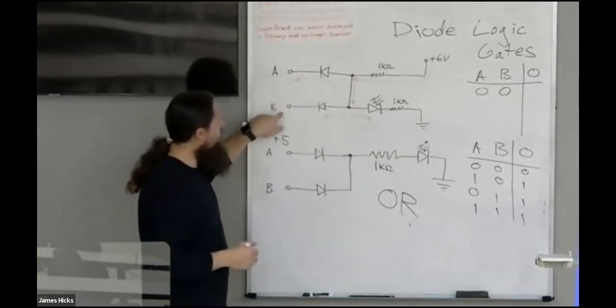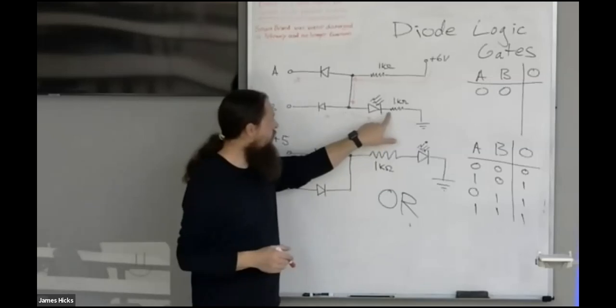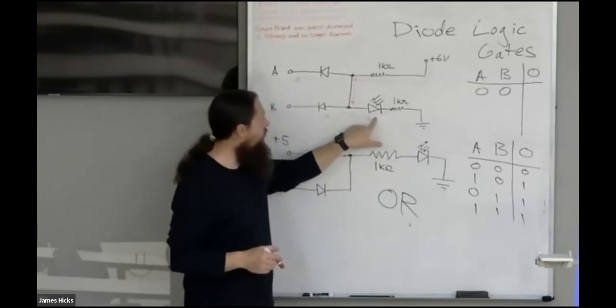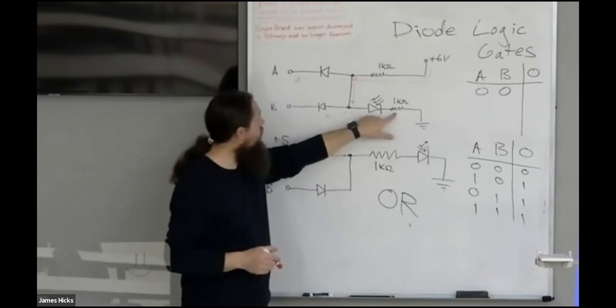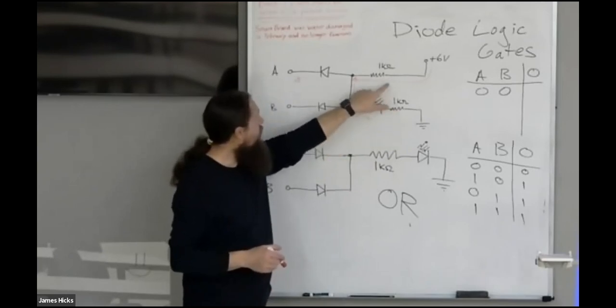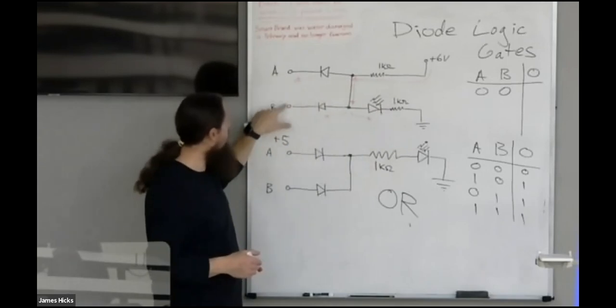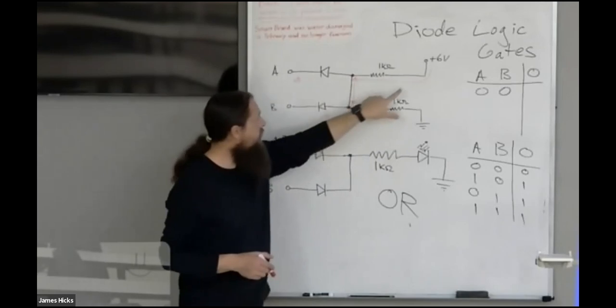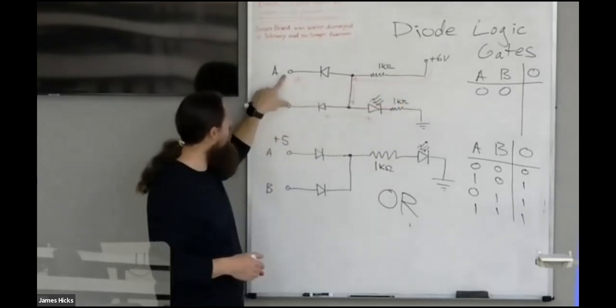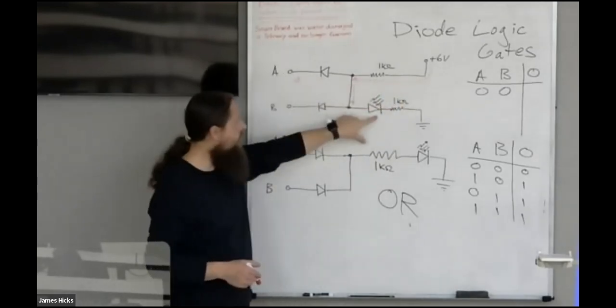Having A and B both 0, with an extra resistor here with the LED, it's going to mean that by tying both of these low, effectively all the current goes through these diodes and not through the LED.